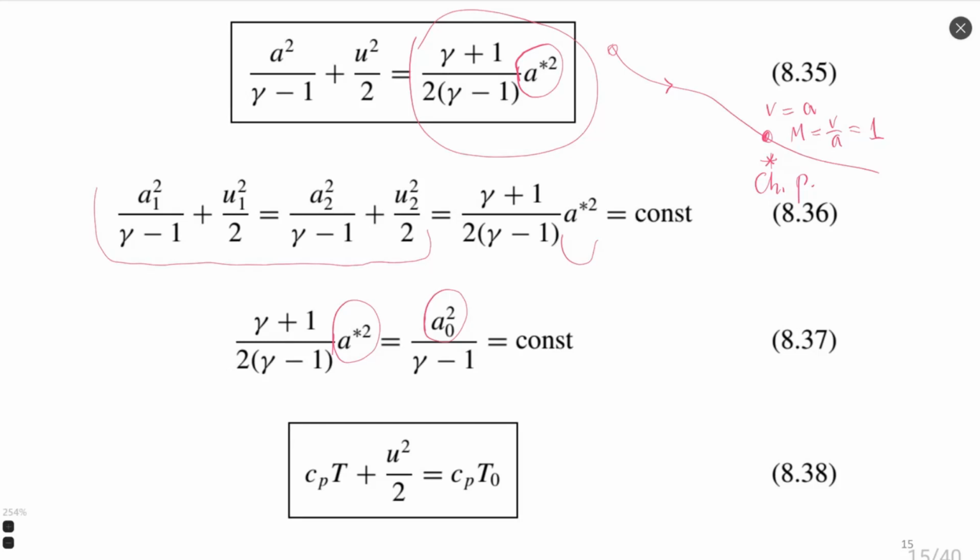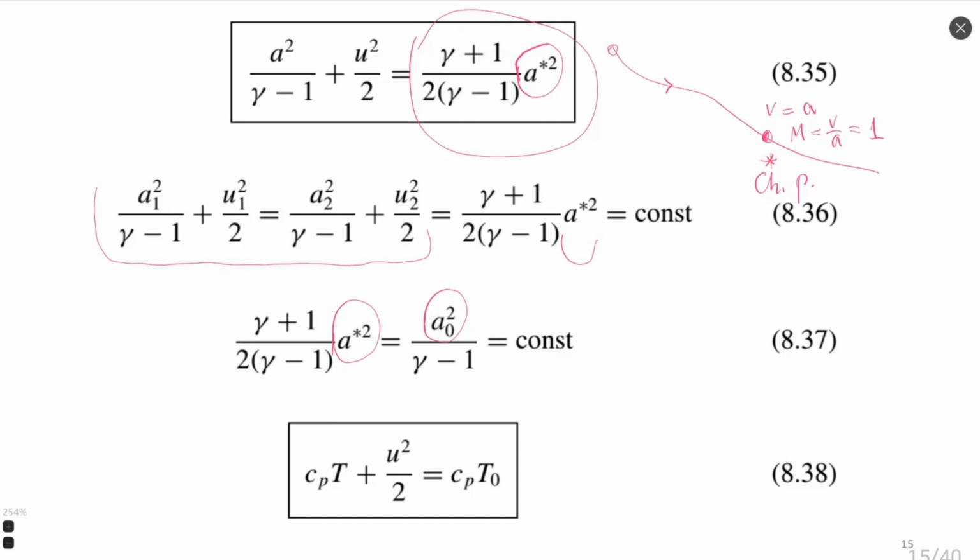The relation between stagnation speed of sound and characteristic speed of sound you can see in equation 37. It clearly shows that it is just proportional to a function of the adiabatic coefficient, right? The adiabatic coefficient for us is constant, so A0 is proportional to A asterisk, a linear relation, not dependent on the value of pressure, temperature, density, or velocity.